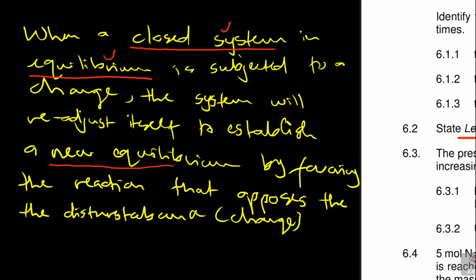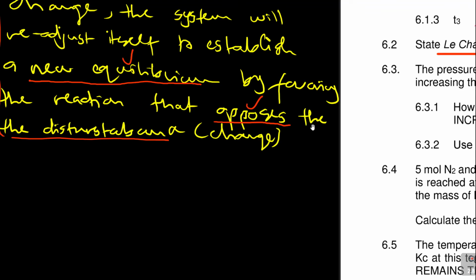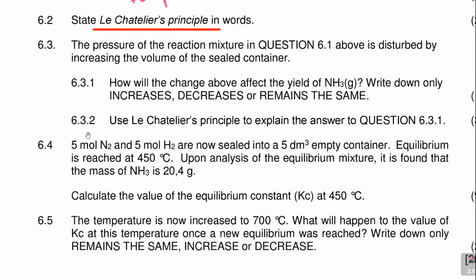They can give you a half mark there, new equilibrium, by favoring the reaction that opposes the disturbance. Then they give you half mark. Just be careful. Many approaches, but just those keywords of closed system in equilibrium, a new equilibrium, and the opposing of that disturbance or change. Alright, so that is that. Let's move on to the next one.